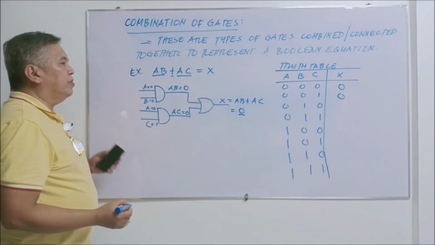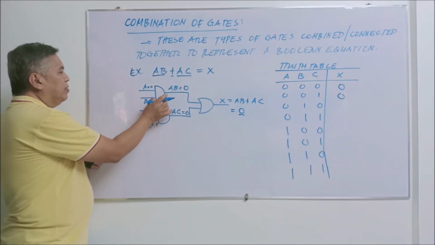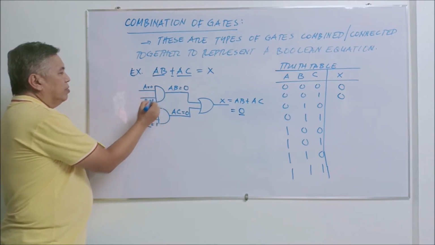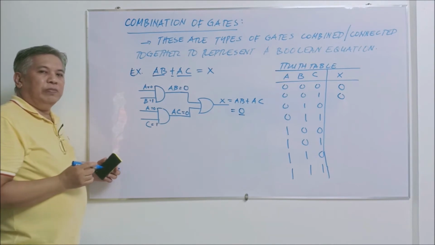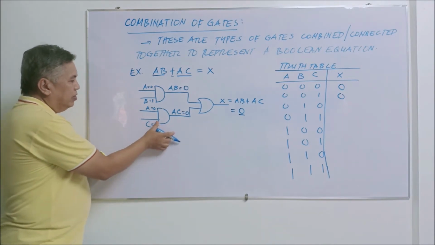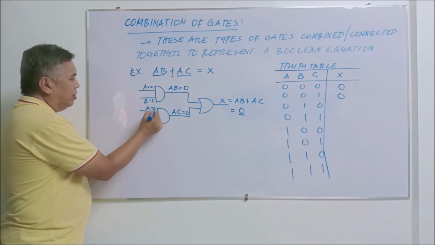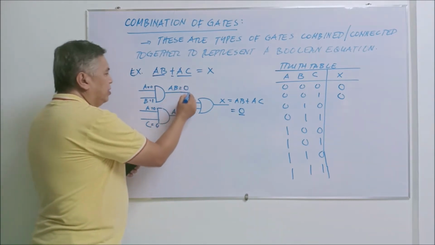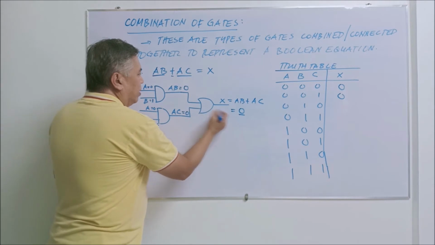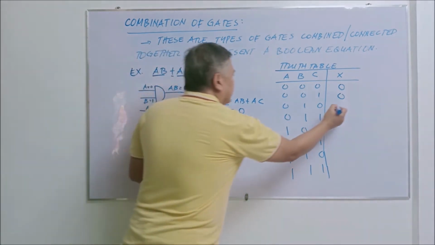Then you have 0, 1, 0. B is now equal to 1. Even if B is equal to 1, the output here will still be 0. And your C here is 0, so you have 0, 0, still 0. Then you have 0, 0 for the OR gate. The output will still be 0.